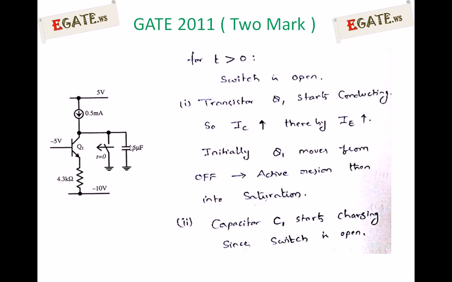Since the switch is open, current flows through the Q1 collector. The same current flows through the emitter also. So the transistor starts conducting. Previously it was off, now the transistor is going to conduct. It goes from off to active, and after some time it has gained a sufficient amount of current so that it goes into saturation.